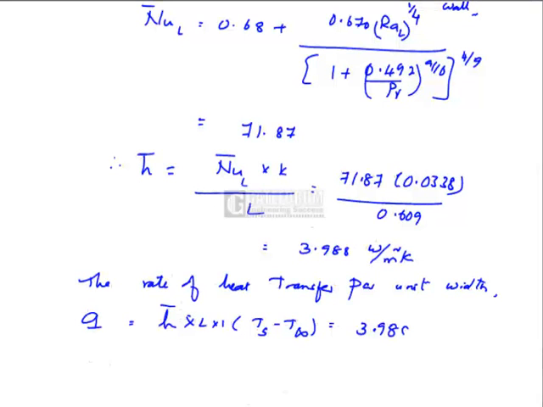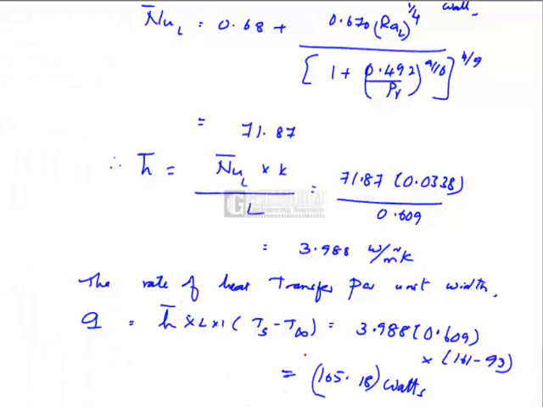That is 3.988 into 0.609 into 161 minus 93. It comes to 165.18 watts. This is the rate of heat transfer per unit width. Hence the problem.